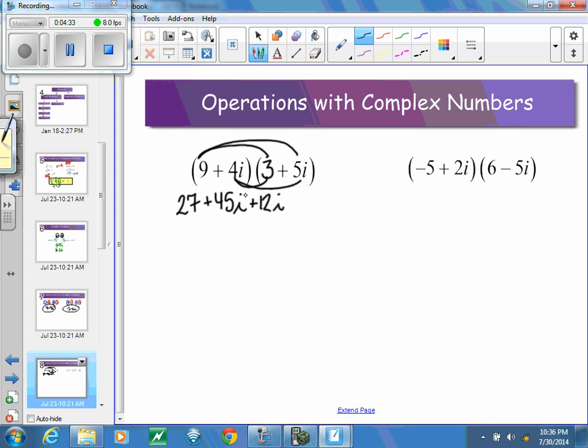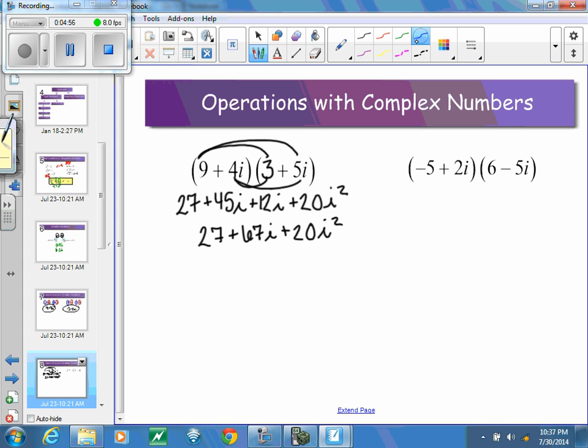And last, 4i times 5i gives me 20i squared. Now if I combine like terms, I get 27 plus 57i plus 20i squared. Now if we were just simplifying, working with variables, we'd leave it as that.